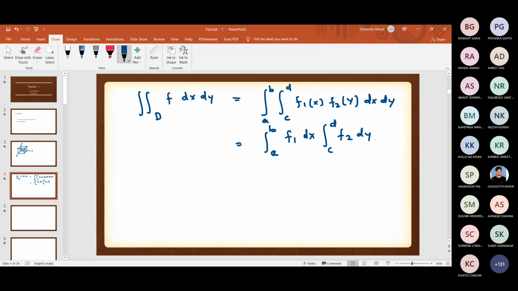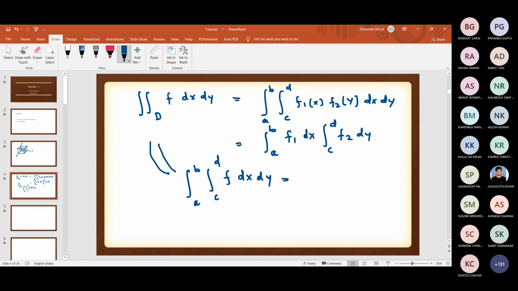If we consider the iterated integral, the double integration can be computed by the integration a to b, integration c to d of f dx dy.